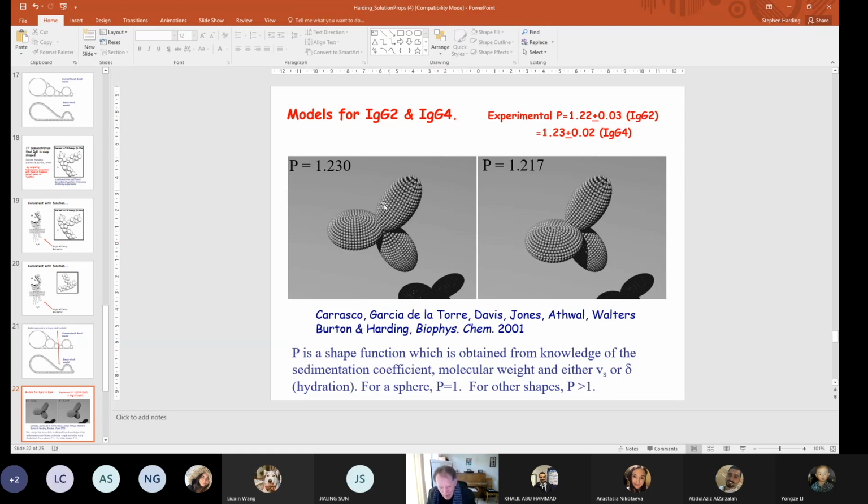We get these overall shapes of the molecule, and the two Fab domains are here, represented by these ellipsoidal shapes, covered by these little bead shells. And then you have the FC domain here, again represented by this surface bead shell shape.